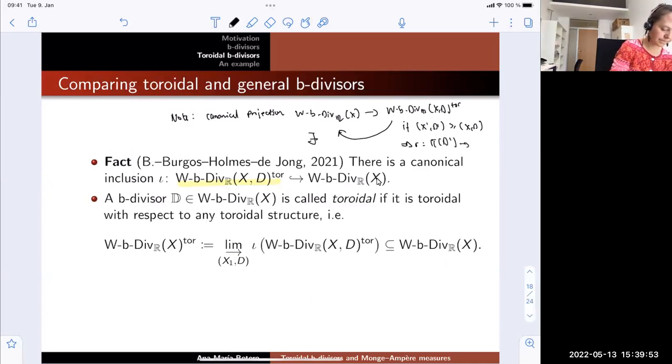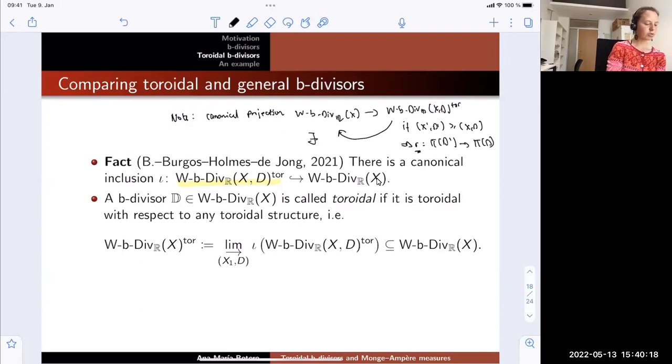This map was given actually by Martin Ulirsch, also in much greater generality and in some other context, but in this case it is very explicit, and the existence of this explicit map enabled us to define this section.